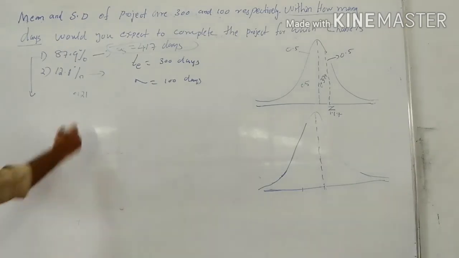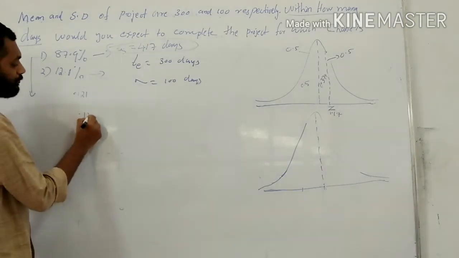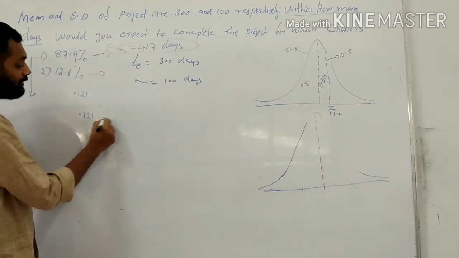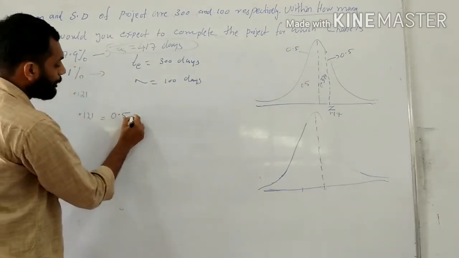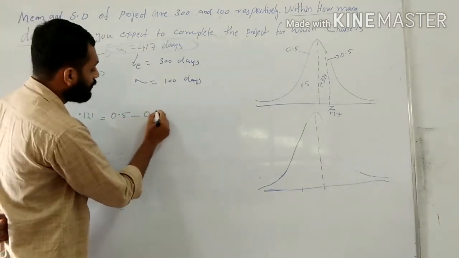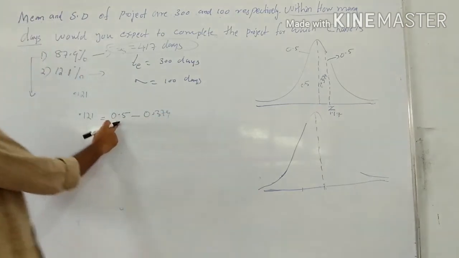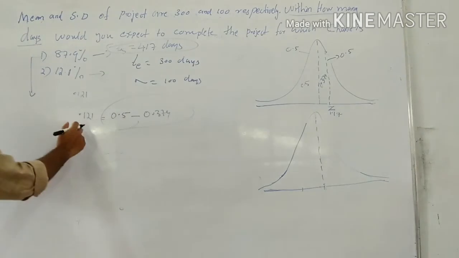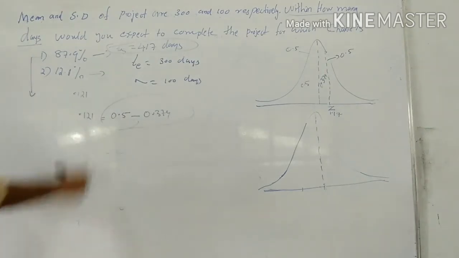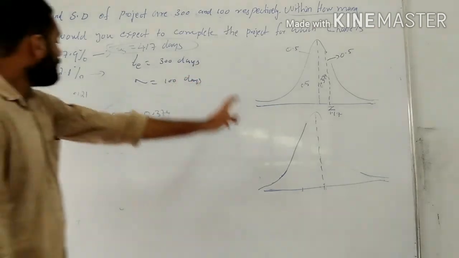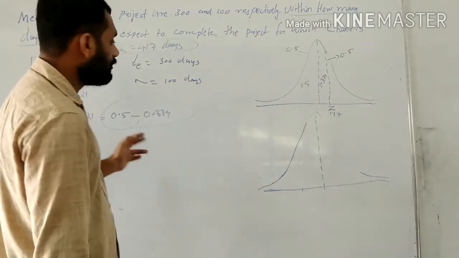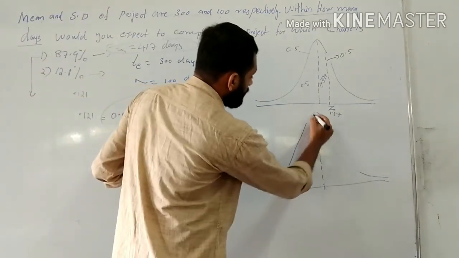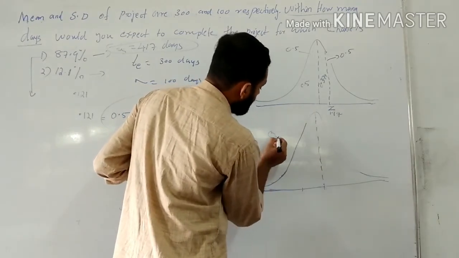0.121 is equal to 0.5 minus 0.379. If we subtract 0.379 from 0.5, we get 0.121. In the normal distribution curve, we know the total area on one side is 0.5.